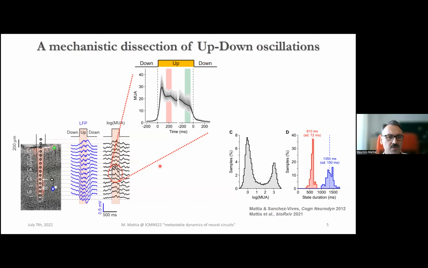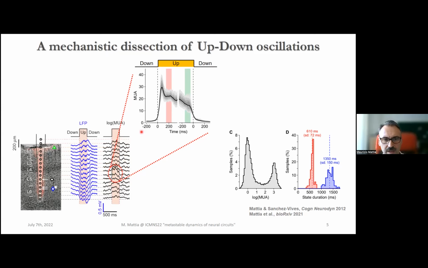And you can see that whenever you stick an electrode with several contacts inside the cortex, you see this up and down oscillation, this is a single cycle, both from the perspective of the local field potential and the multi-unit activity, which is a signal telling you how many spikes are produced by a cell assembly nearby the electrode per unit time. You start to see that in particular in layer 5, it is rather apparent that there is a big increase of firing rate when this column is in the up state.